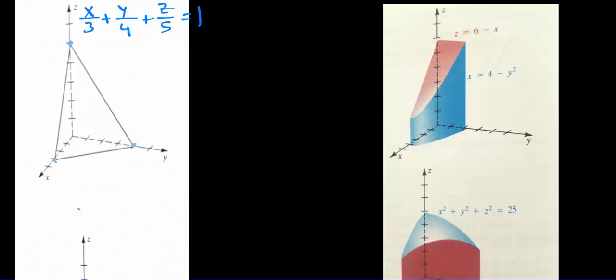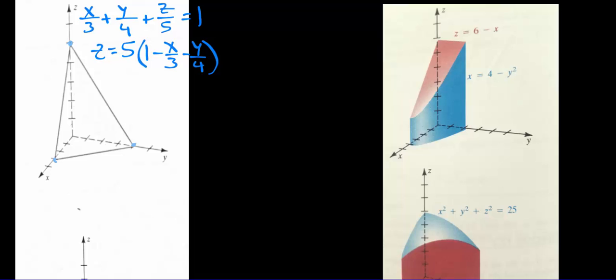We're going to add up all of those, and for each one, we're going to multiply it by the height, the z. Here z is equal to 5 times 1 minus x over 3 minus y over 4. I just solved for z there. That's the height.